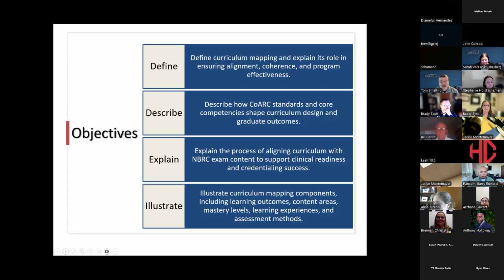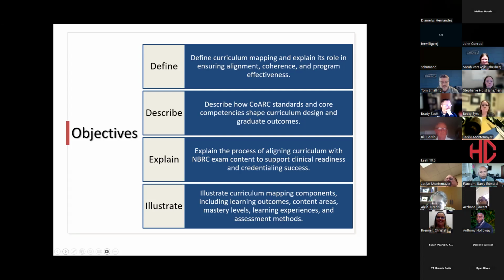If you have not done that, you will be very familiar with it by the end of this year. And finally, Sarah's got the fun part: illustrating what a curriculum map actually looks like. So we're going to have some application part of this.